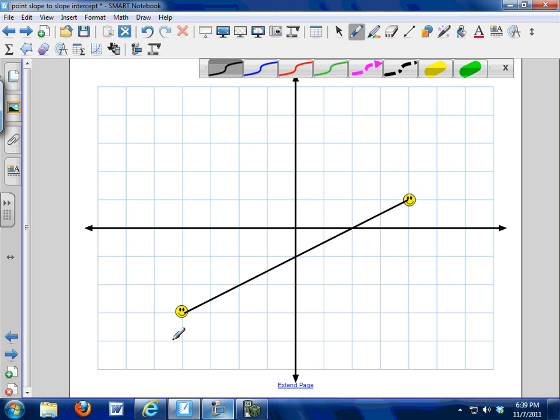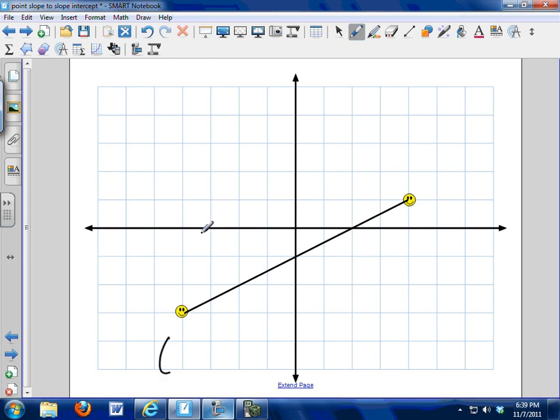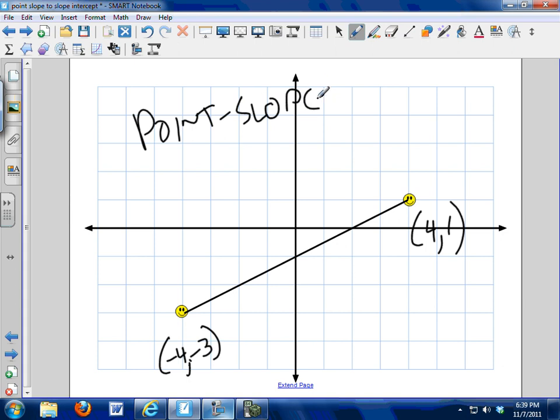We also could get the coordinates of these points: negative 4, negative 3, and this looks like 4, comma, 1. So we could get a point-slope equation and change it into something else. We could do it by inspection.